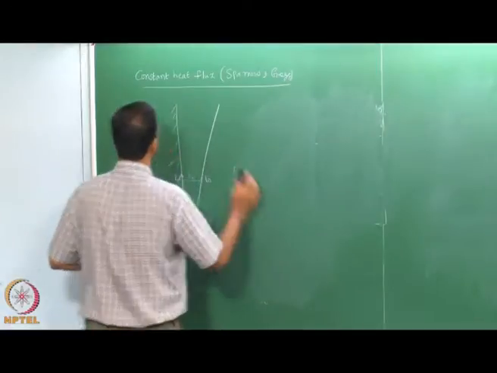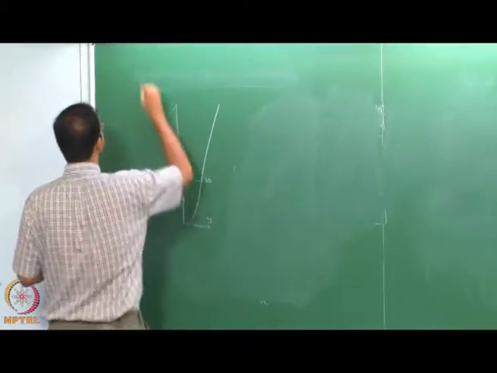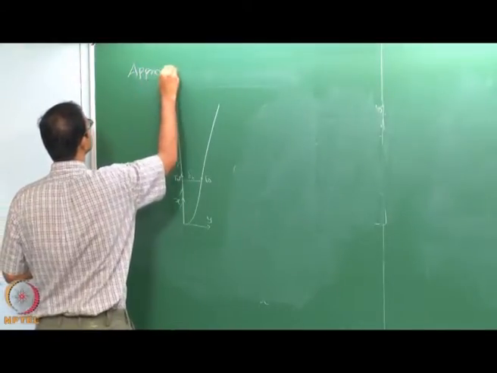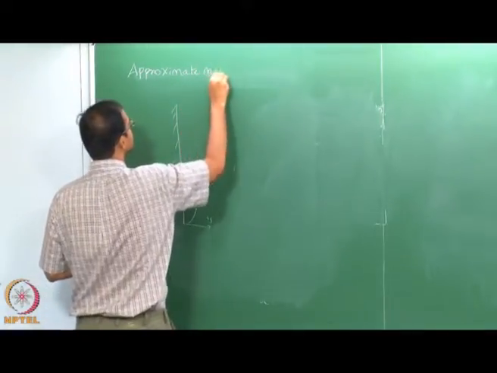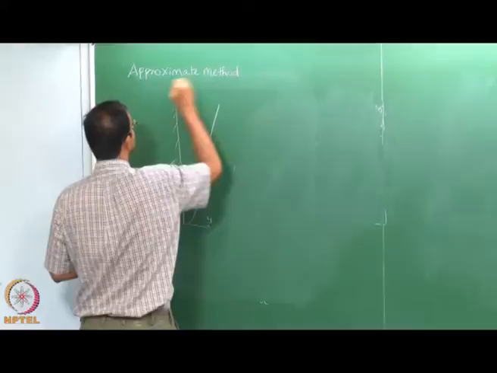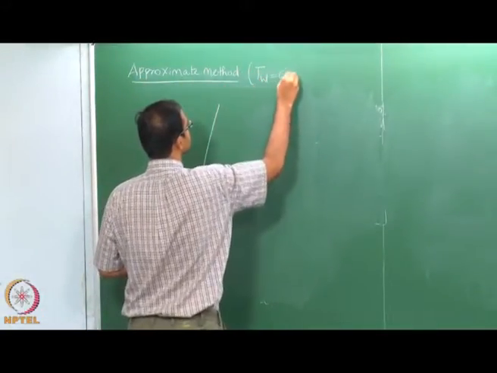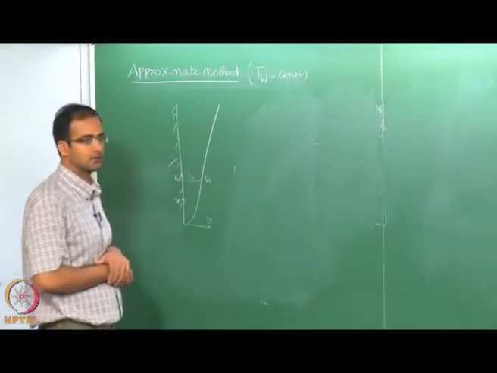So, we will start off with the approximate methods. So, we will only focus right now on constant wall temperature boundary condition. You can do a similar exercise for constant heat flux boundary condition also.